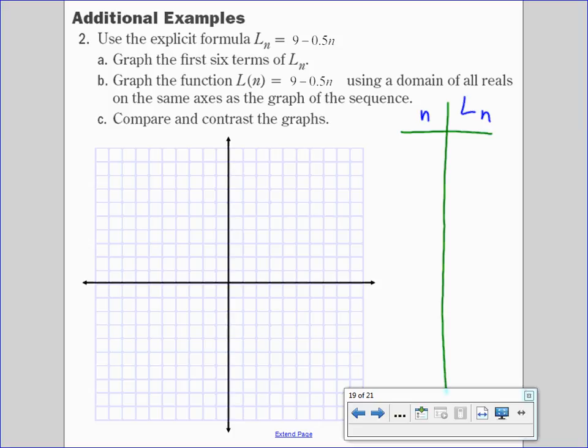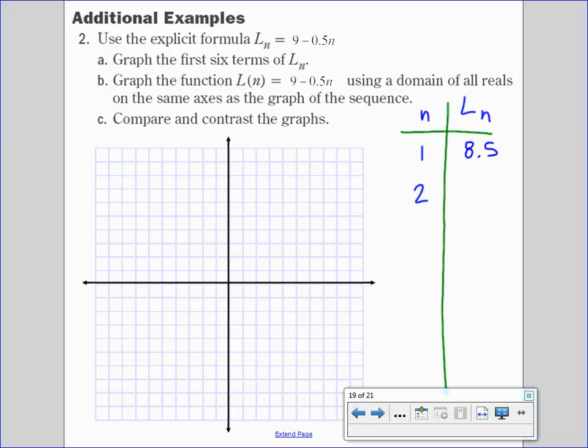Recall that the normal domain of a sequence starts with 1, those numbers that I can count, the counting numbers. And so I'm going to go ahead and choose 1 as my first term value and evaluate L sub n to get the value of my term. L sub 1 then would be 9 minus 0.5 times 1, which is 9 minus a half, is 8.5.